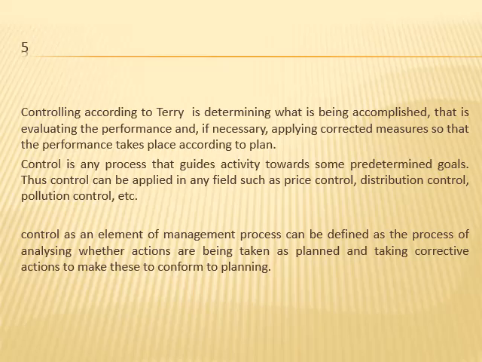In planning stage, managers decide how the resources would be utilized to achieve organizational objectives. At the controlling stage, managers try to visualize whether resources are utilized in the same way as planned. Thus, control completes the whole sequence of management process.